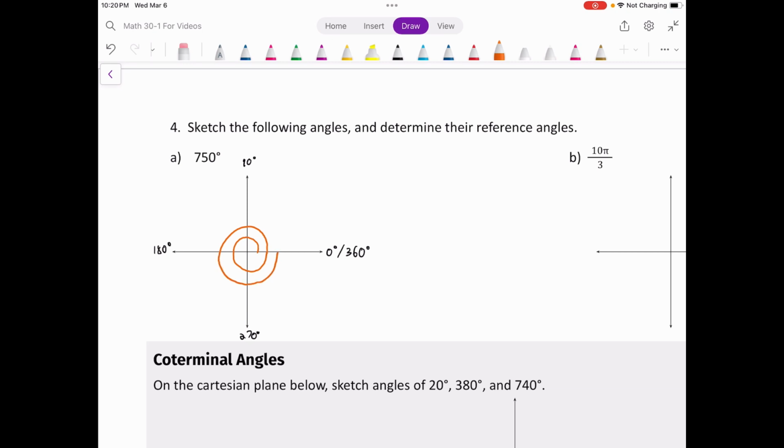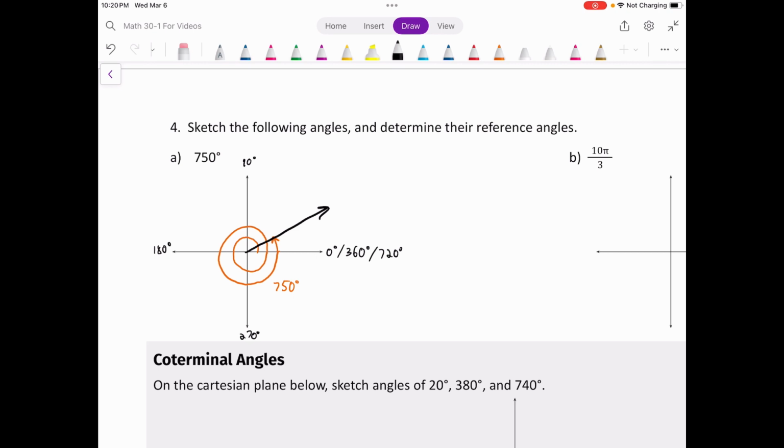That would be 720, 2 full rotations, right? 360 times 2. Now, how much further do I have left to go until I'm done? 30 more degrees, right, to get to 750. There we go. So 30 more degrees, that's a 750 degree rotation. Our terminal arm is still there. It's just done 2 full rotations now, okay? So that's a full 750.